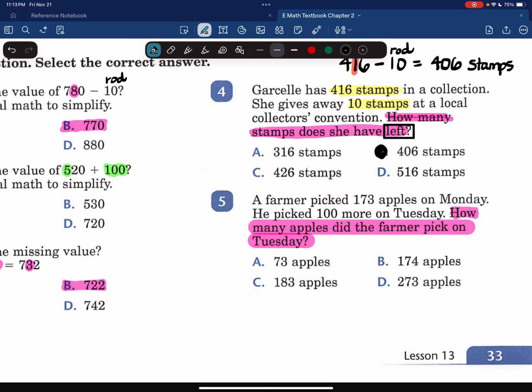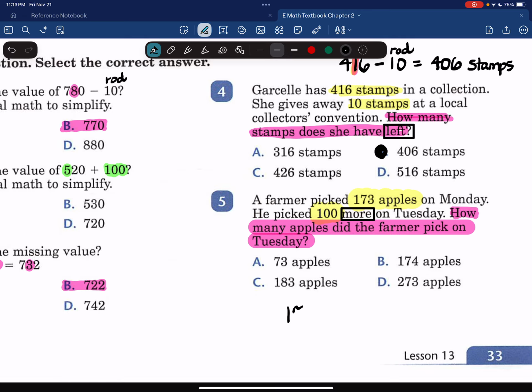He did not pick 100 apples on Tuesday. He picked 100 more apples on Tuesday. And that word more means to add. So we want to take these two amounts and add them.